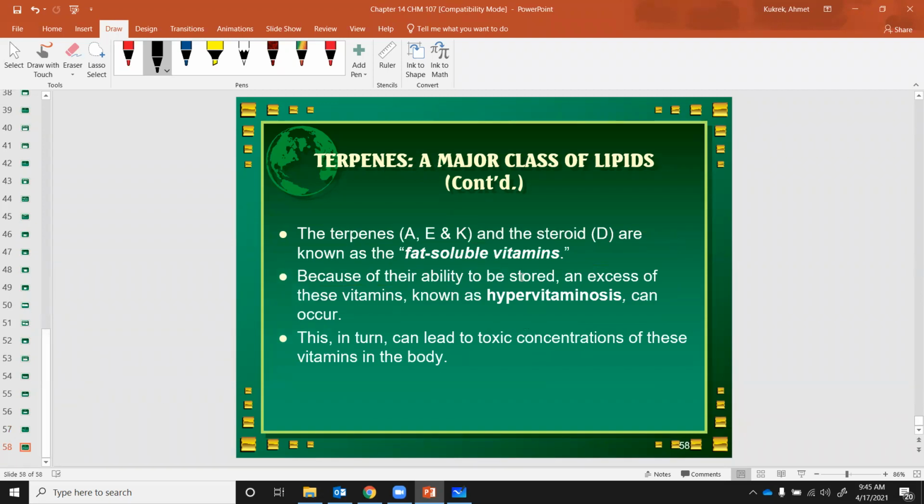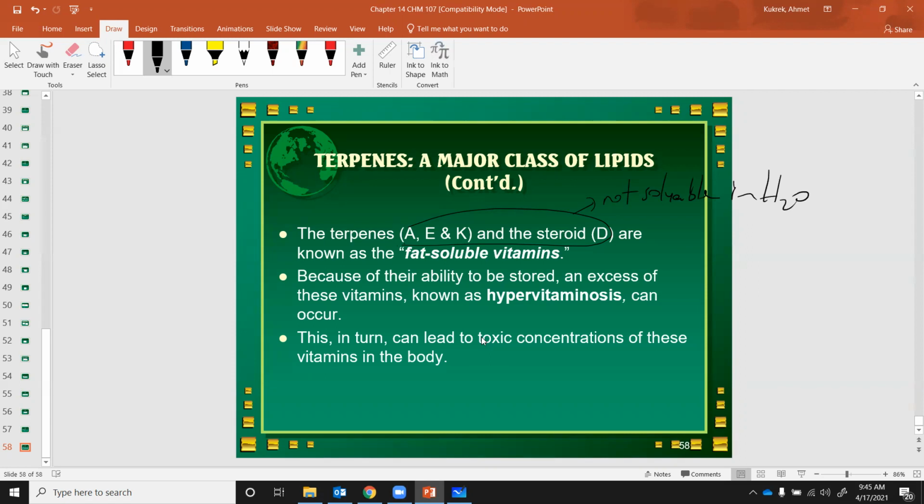Okay, and terpenes and phthalate are known as the fat-soluble vitamins. Because vitamin A and E and K, right? These are fat-soluble vitamins, meaning that they are not soluble in water.